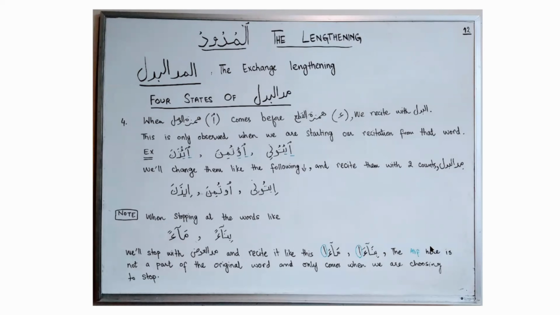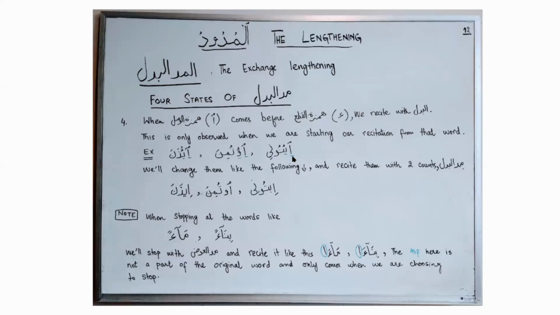And the last state of madul badal is when hamzatul wasl comes before hamzatul qata. And this is only observed when we are going to begin our recitation from these words. In that case, we will change the sakin hamza into the compatible mad letter according to the vowel of hamzatul wasl.